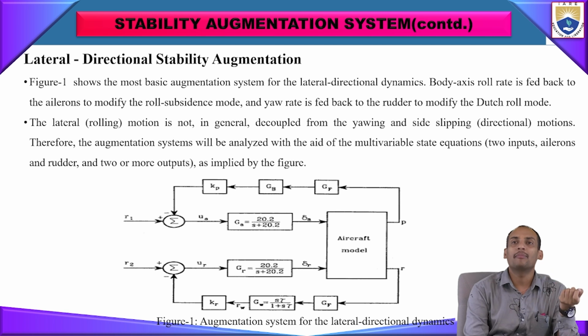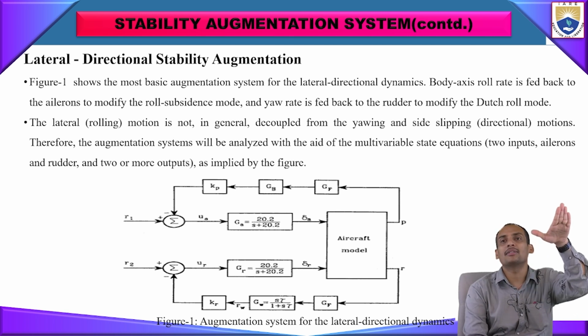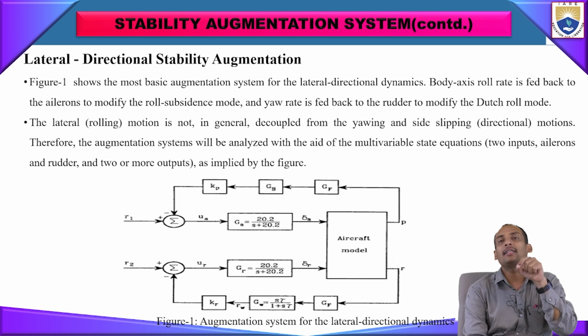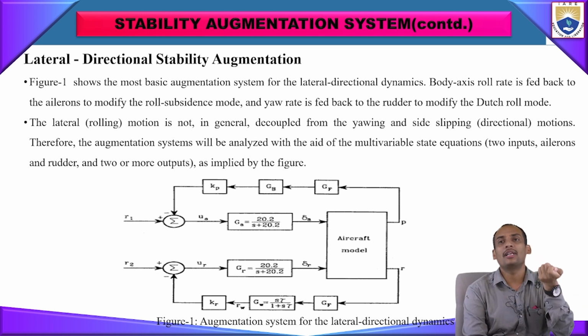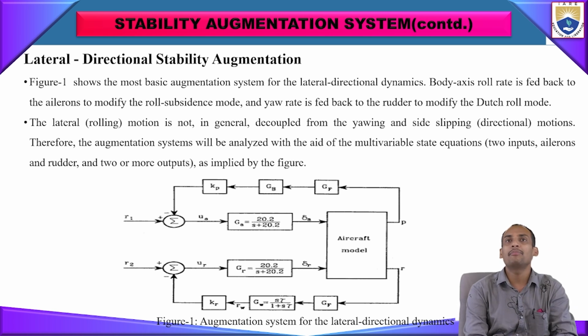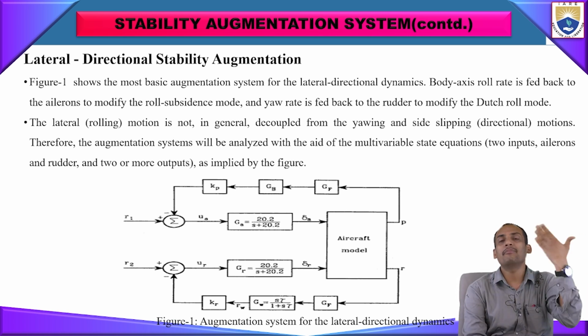When it goes from cruise to a pitch up condition, a sudden displacement and pitching moment will happen on the aircraft, and the aircraft will go to an unstable condition. So it should be brought back to a stable condition.